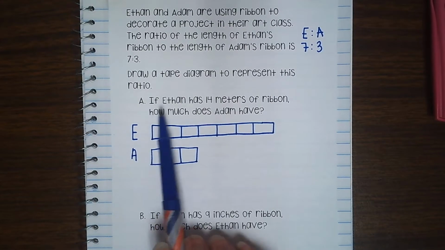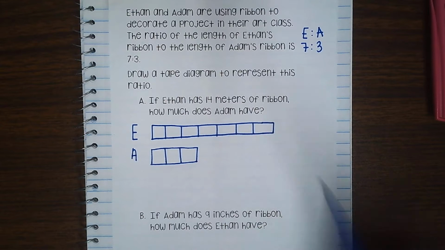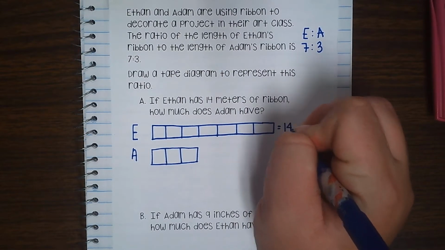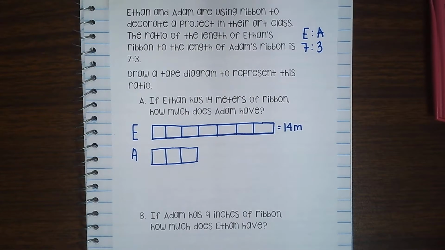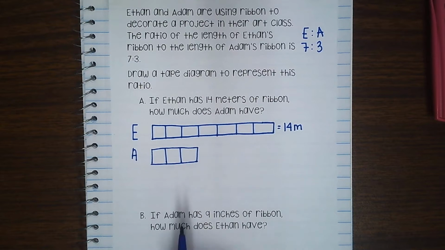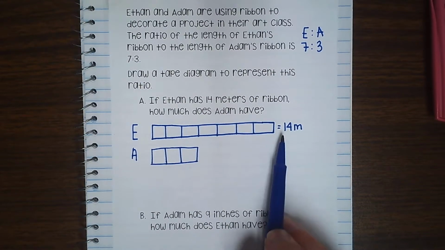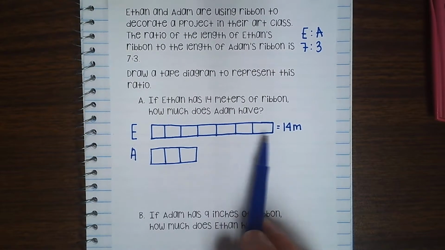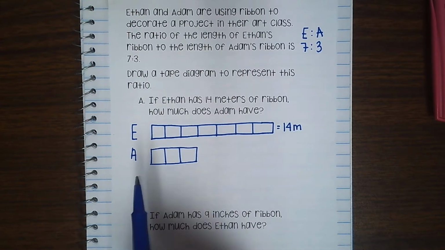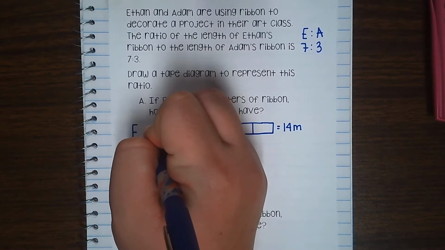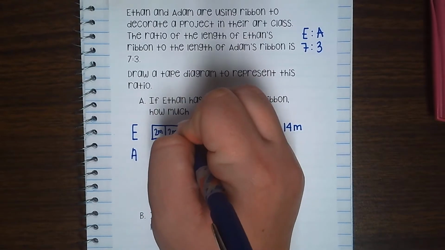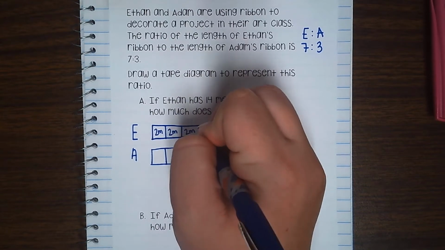And what it says is if Ethan has 14 meters of ribbon. So if all of this equals 14 meters, what would each box represent? Well, I would take 14 and divide it by 7. 14 divided by 7 is 2. So each box represents 2 meters.